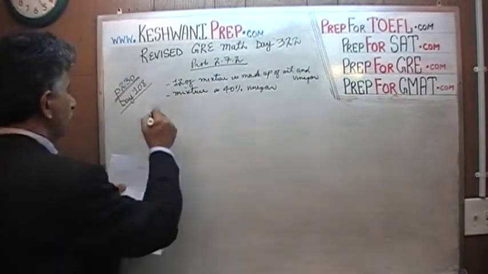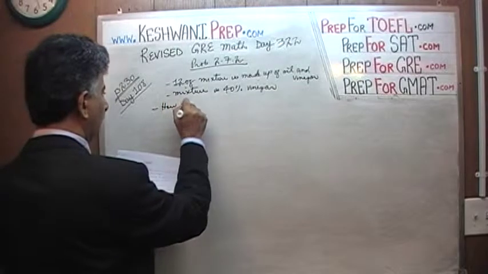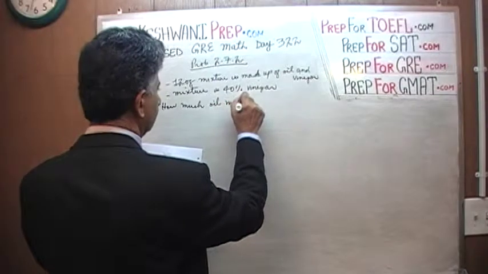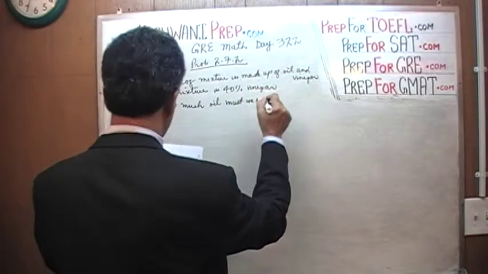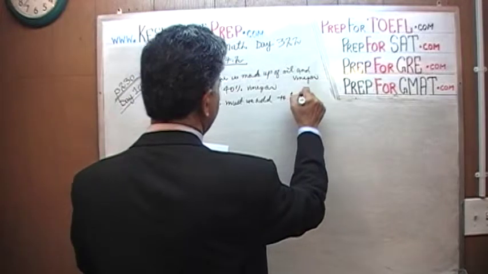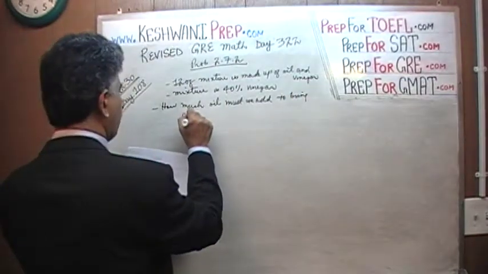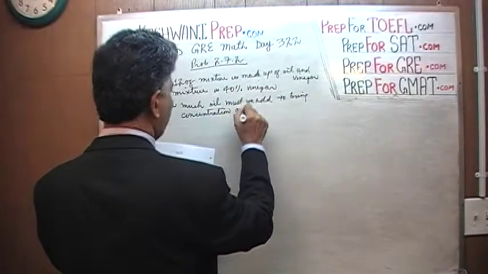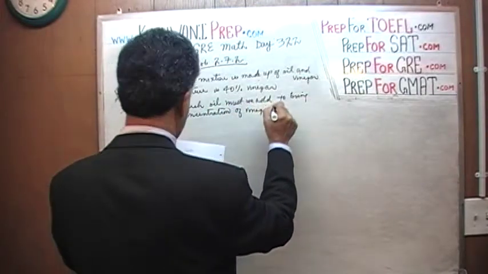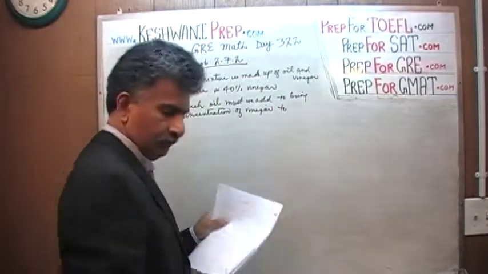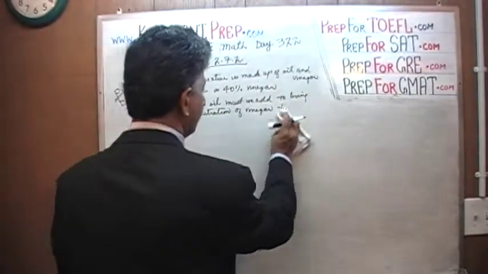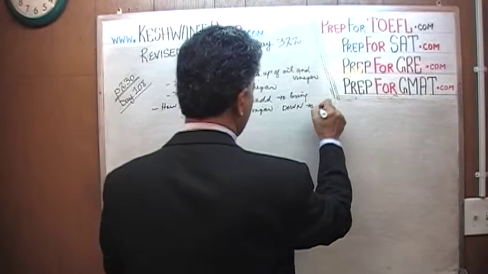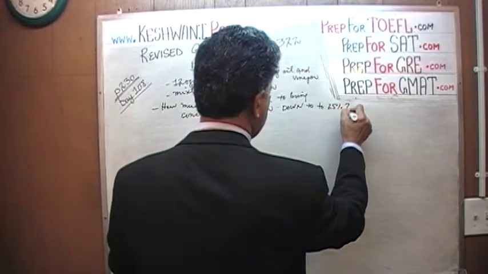The question is, how much oil must we add to bring the concentration of vinegar down to 25%?